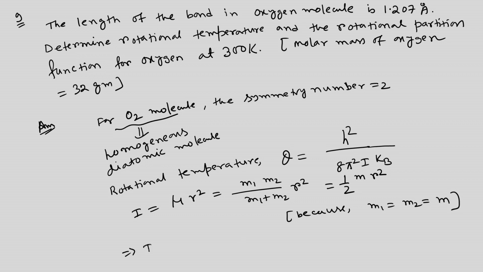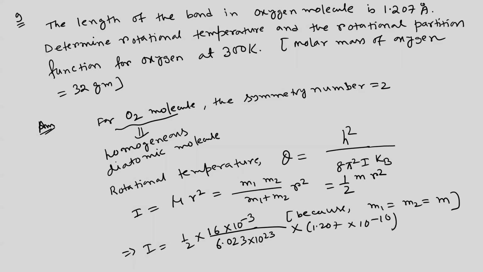So, I is half, and mass of oxygen molecule is 32, and here m is mass of a single atom. So, 16 we need to consider, 16 times 10 to the minus 3 kg by Avogadro number, 6.023 times 10 to the 23, this is m, and r is 1.207 times 10 to the minus 10 meter, squared.